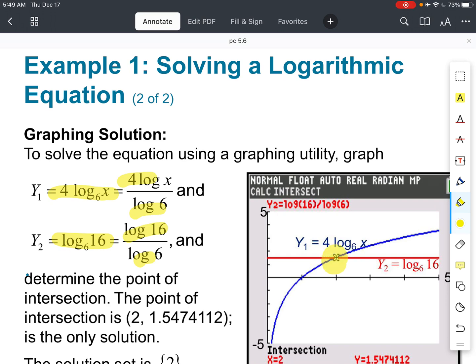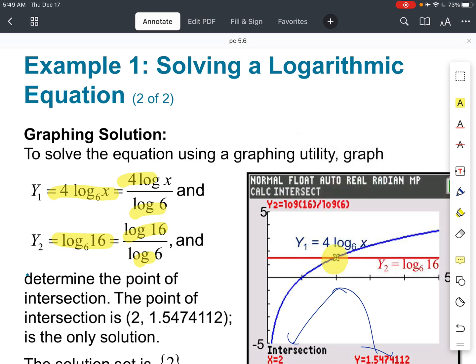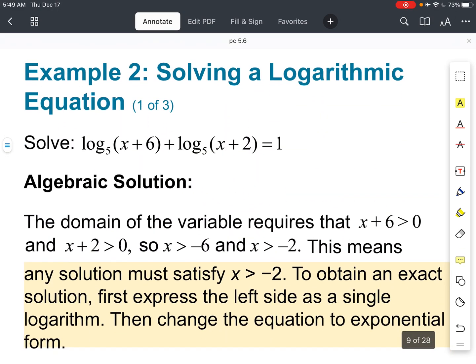When you do, the intersection is exactly where the solution is. So this intersects at x equals 2, and they give you what the y value is there. You could just use your solver to see where the intersection is, and that is another way to get a solution to one of these. Just like everything else that we do, we can graph and get a picture of these if we choose to. I don't know how much of that they're going to make you do in the homework.